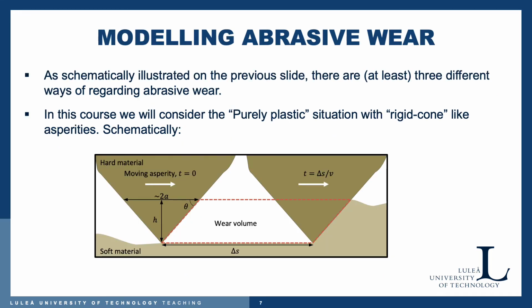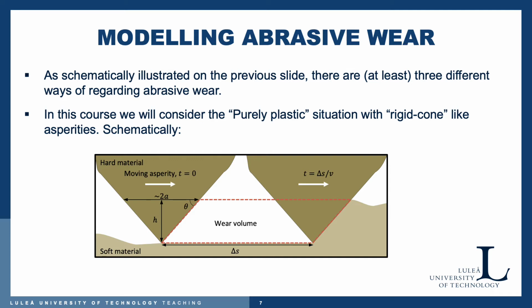So as we saw on the previous slide, there were three different types of plowing leading to abrasive wear, but in this course we will model abrasive wear as a purely plastic situation with rigid cone-like asperities.